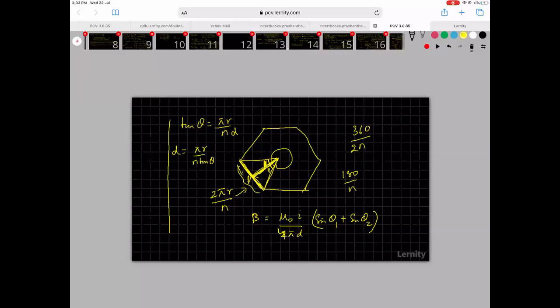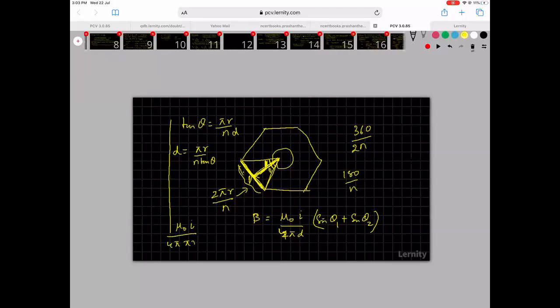It will become mu naught I by 4 pi d, where d is pi r by n tan theta. So n tan theta into 2 times sine theta. Okay. So this gives you the job. Job is done. Now we'll have to just arrange it beautifully so that it looks better.